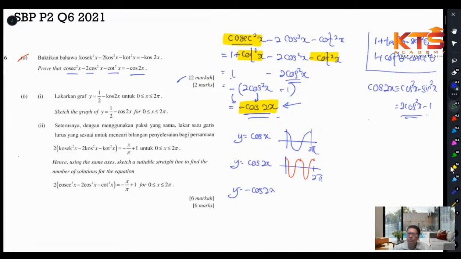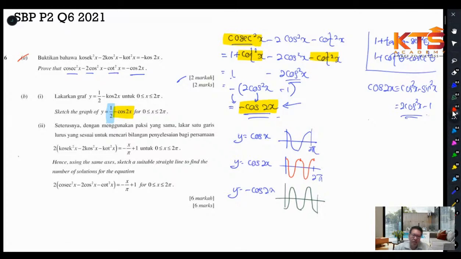For your info, I'm drawing this part already now. Negative means I will flip it. The positive becomes negative, so it will be like this. And this is 2 pi, 2 cycles. And I will draw the next one. Include the half, that means plus half.